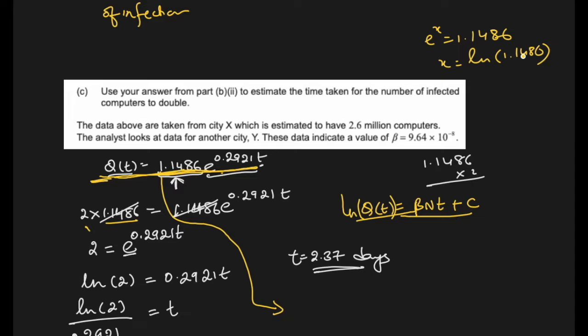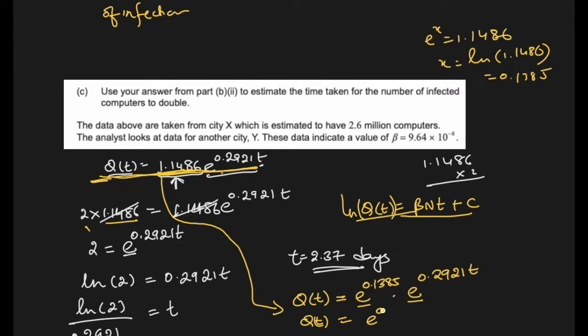1.1486 is 0.1385. So that means this equation becomes Q(t) equal to e to the power 0.1385 times e to the power 0.2921t, and now both have the same base, so we can write Q(t) equal to e to the power 0.2921t plus 0.1385.